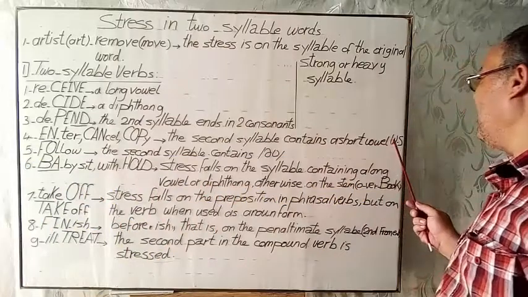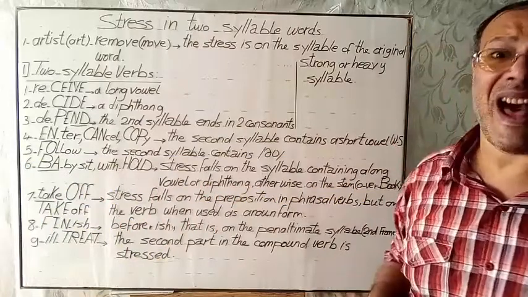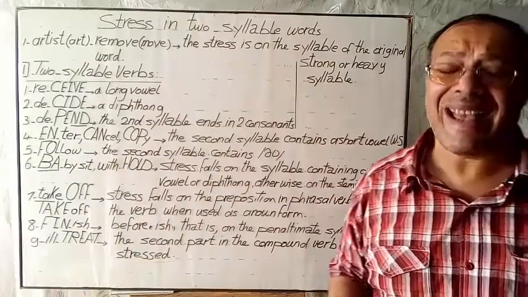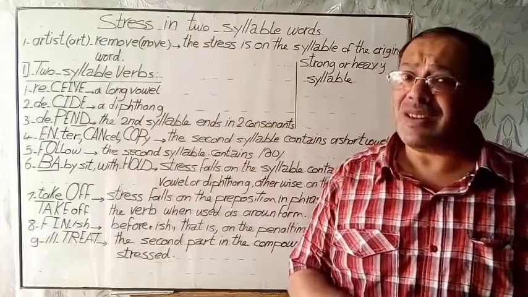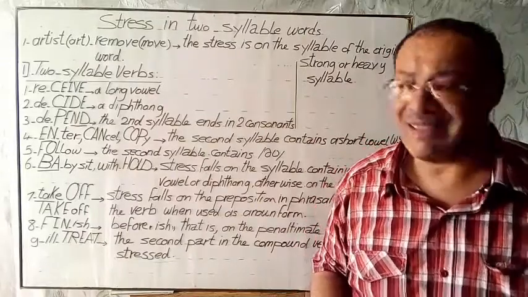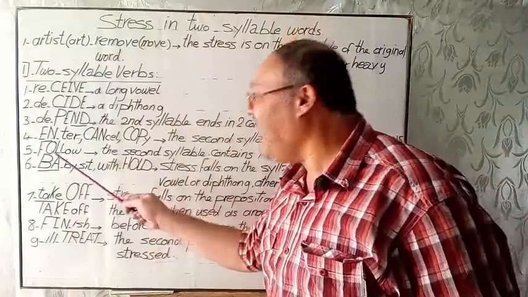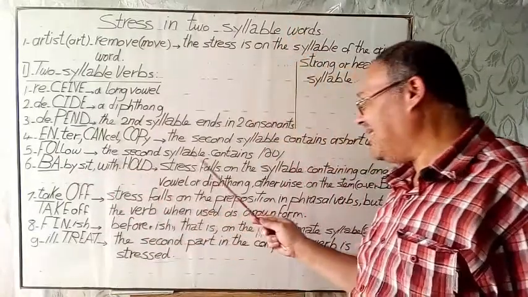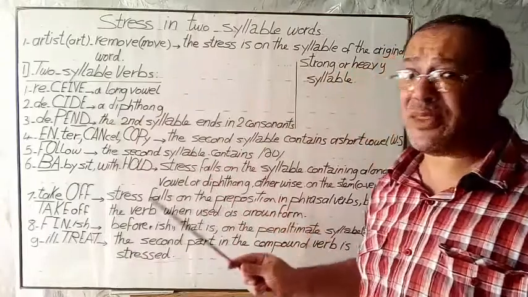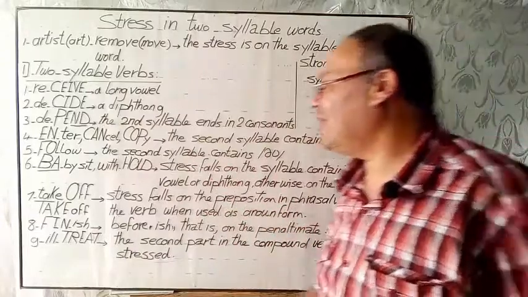Naturally, the light syllable is unstressed because it contains, generally speaking, a short vowel sound. Follow: the second syllable contains the diphthong O.